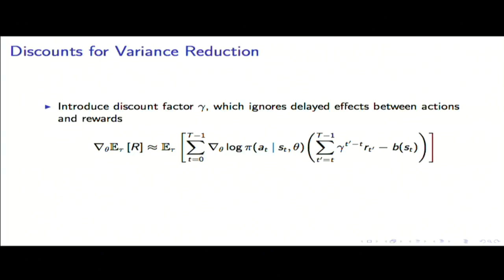This t prime minus t is the time difference. So if there's a big time difference between the action and the reward, you want to ignore that reward more. The discount factor acts like an effective time horizon. For example, if the discount factor is 0.99, then 100 time steps later, we're shrinking the effect of this reward by a factor of 1 over e, because it's 0.99 to the 100.